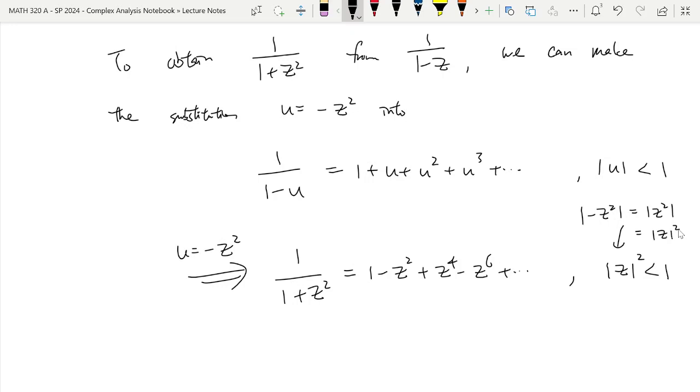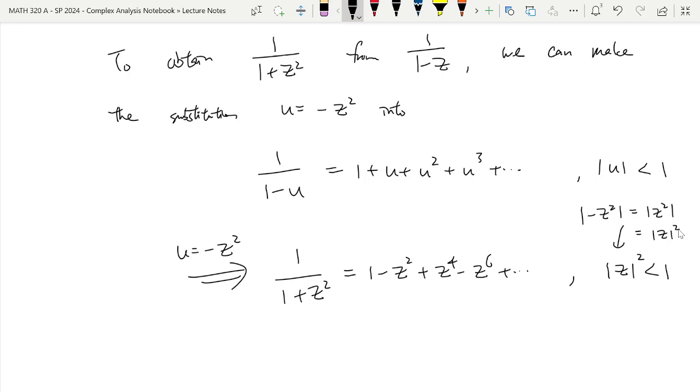So if you have a modulus, which is a non-negative value, squared less than 1, then what's the inequality for the modulus of z? Now for real values, pretending this is r for the modulus of z, you have r squared less than 1. The usual rule to solve this inequality is that r squared less than 1 implies r is between -1 and 1.